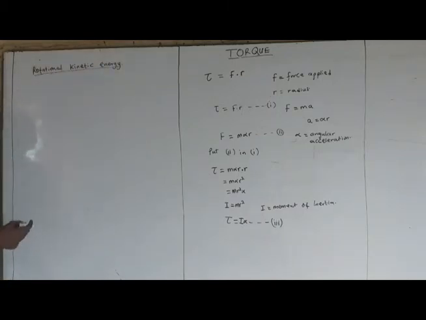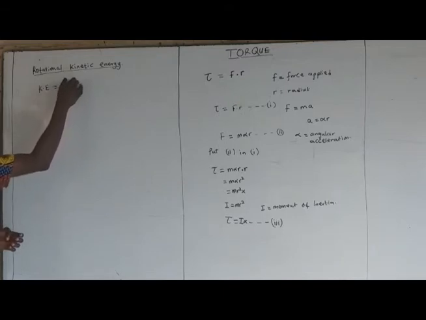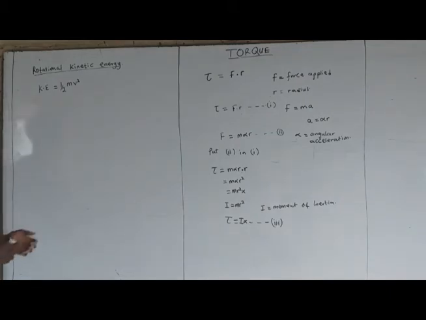Right from our basic knowledge, we know that the kinetic energy of a body is equal to one half multiplied by the mass multiplied by the square of its velocity. So this is the general formula to calculate the kinetic energy of a body with velocity v and mass m.